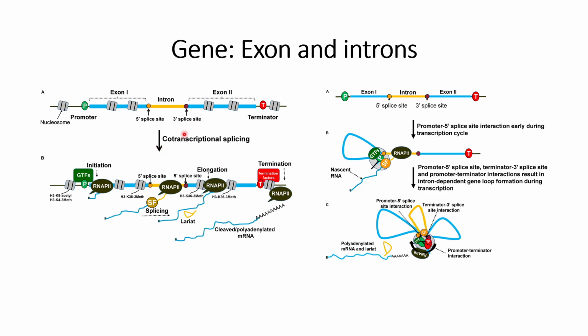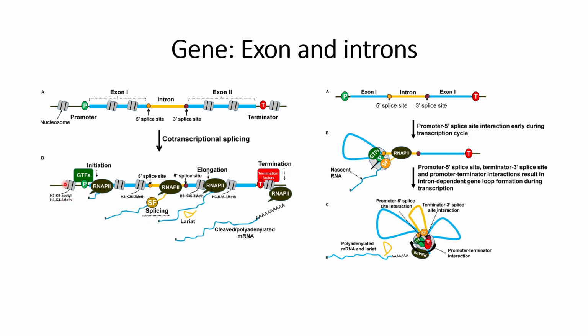That's why it's called co-transcriptional splicing, and this is done by the polymerase RNAP2. This RNAP2 binds to the intron and forms a splicing complex by attracting the splicing sequence, and it cleaves off the introns at the 5' splice site and the 3' splice site. In this way the intron is removed during the transcription step.